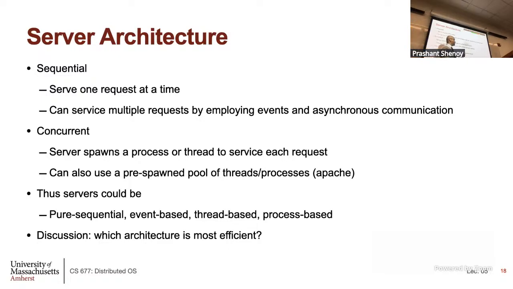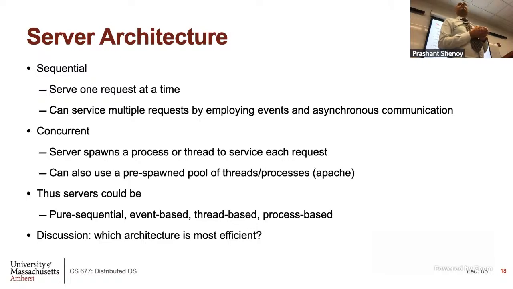So if you have a request that you handed off to a process in a multi-process model, and that server itself has multiple components that you want additional threads to do processing, then you can add threads to the process. So the request is handled by multiple threads, not one thread within that process. So it gets you some additional benefits. It also makes the server more complicated. So these are just baseline models. You can combine some of these, as you can see, to get hybrid versions of those models as well.